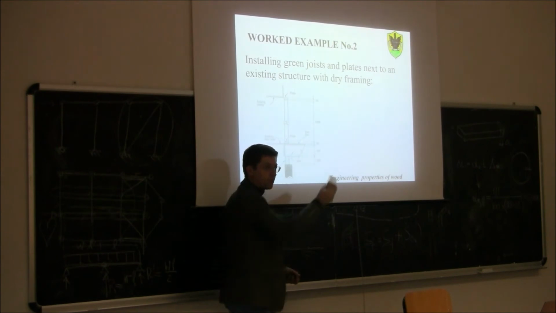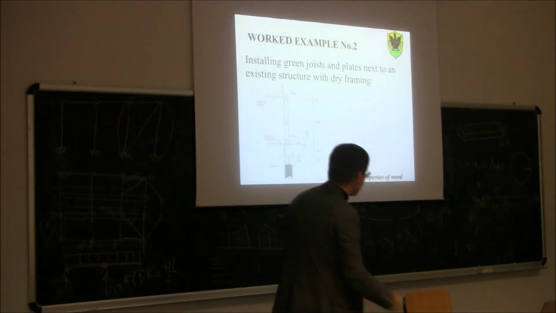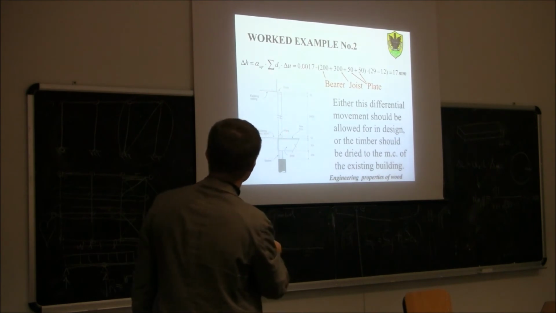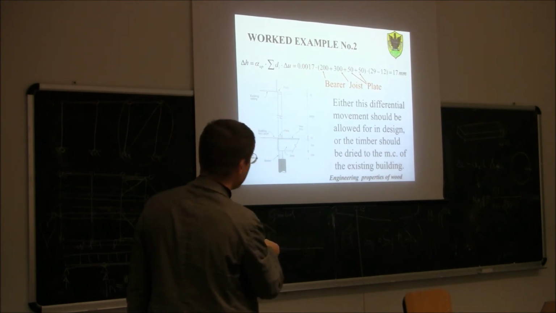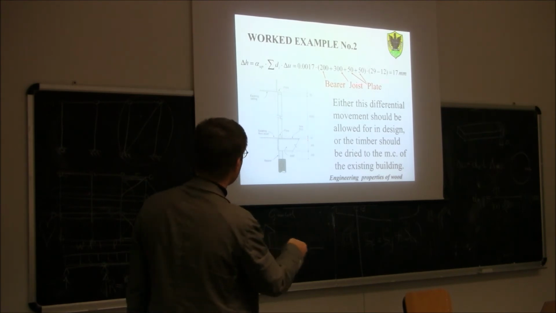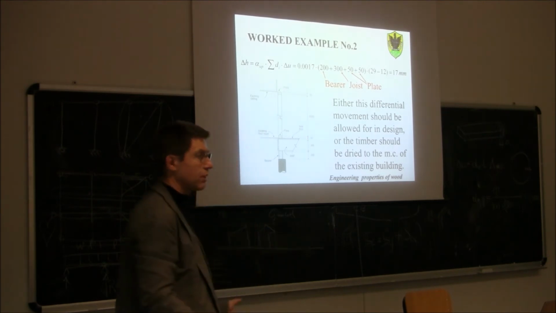Okay? So at the end, I will have a formula like this. You see, 0.0017 times 29 minus 12 times 200. This, plus 300, plus 50, plus 50. I work out this number, 70 millimeters, so 2 centimeters.